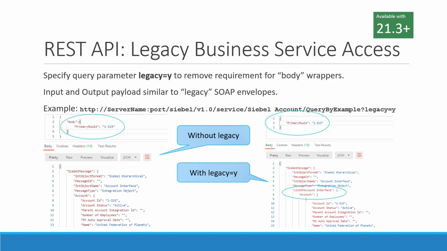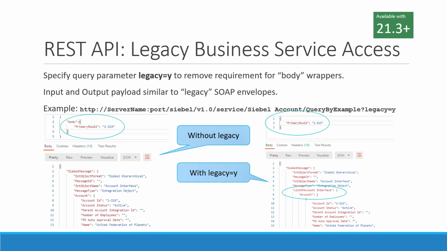When you specify that parameter as shown on the screen, you actually no longer have to provide the input property set wrapped in a body element. So on the left-hand side, you see the old way without the legacy parameter, and even in 21.3 and higher, if you don't specify the parameter, you still have to wrap the input property set in a body.